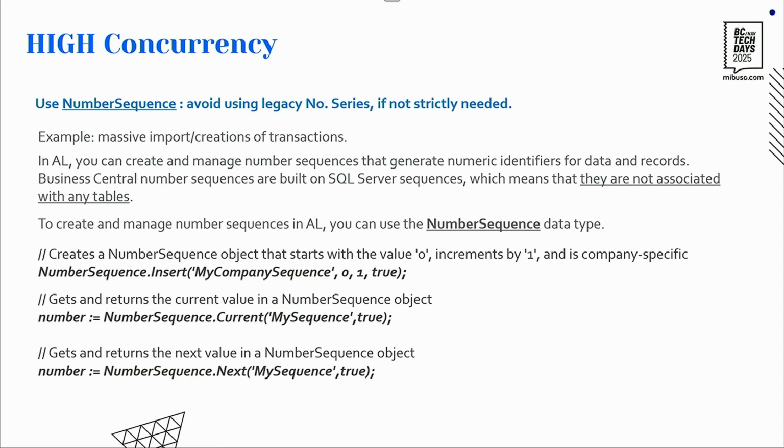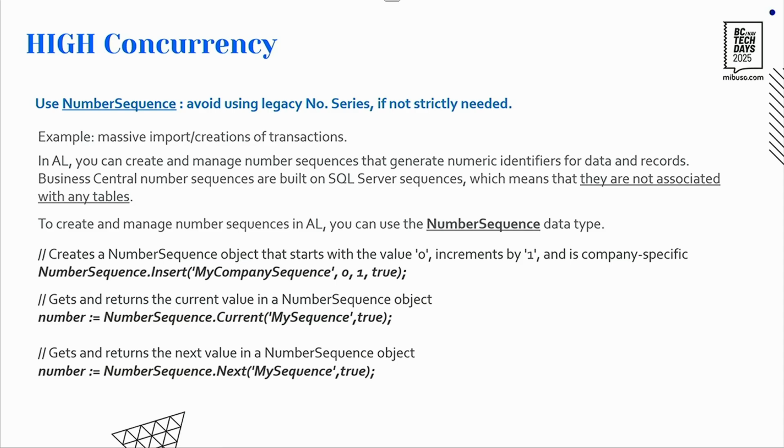But with number sequences, you can, first of all, create a number sequence object with the number sequence keyword, and this can be per company or not. You can, for example, like in the first example, define a number sequence starting from zero, incremented by 1.